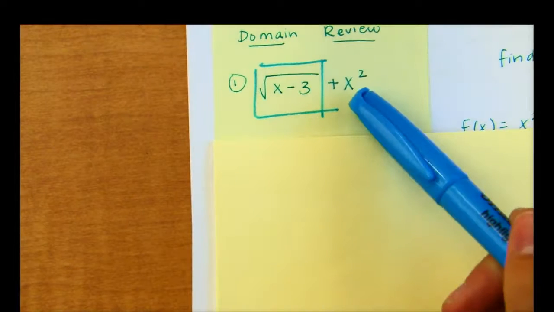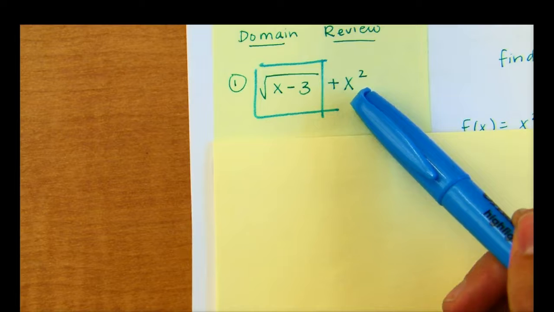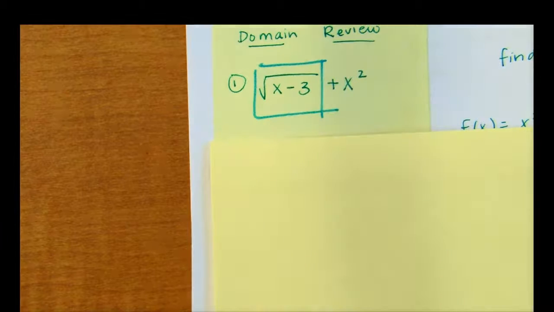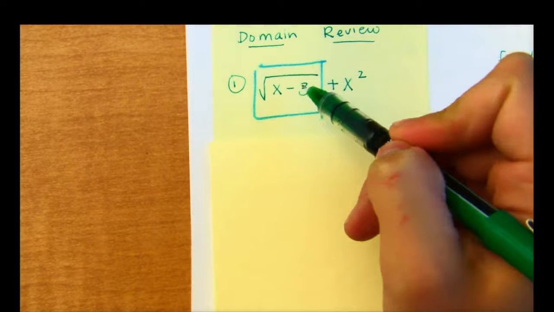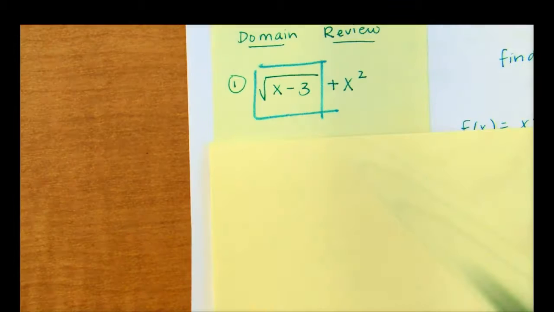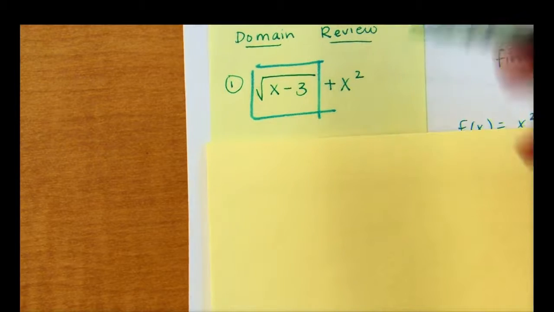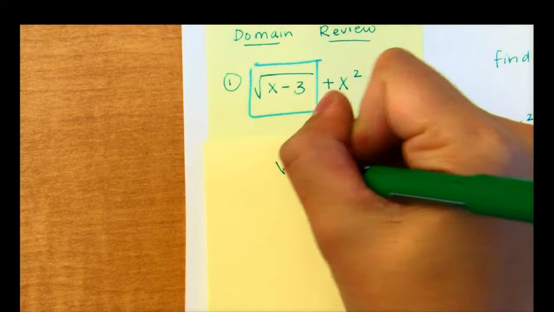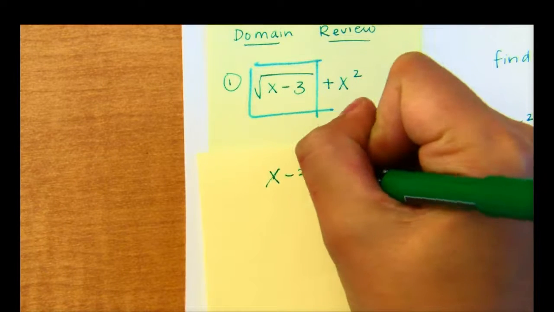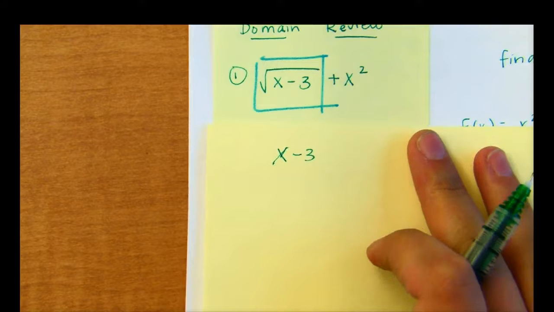There's no restriction to my domain in x squared. I can always plug any x value into the function x squared. Versus inside of my square root, this cannot be negative. However, in this equation it can equal 0. So I'm going to set what's inside of my square root, x minus 3, so that it cannot be negative.